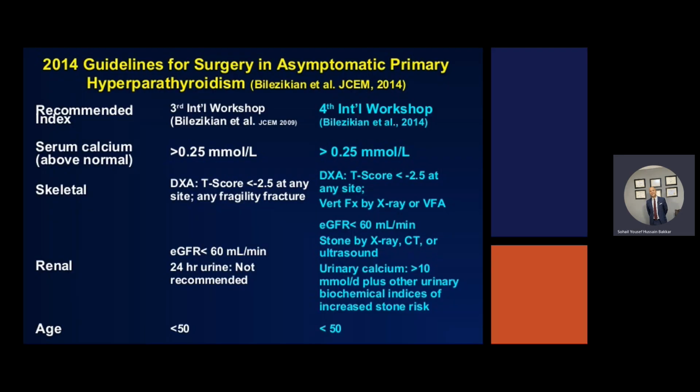طيب، افرض إجاك حدا عنده primary hyperparathyroidism، وكما يعني تحدثنا سابقا حكينا إنه the most common manifestation of primary hyperparathyroidism is being asymptomatic. فحقيقة هناك indications for surgery in asymptomatic patients with primary hyperparathyroidism.